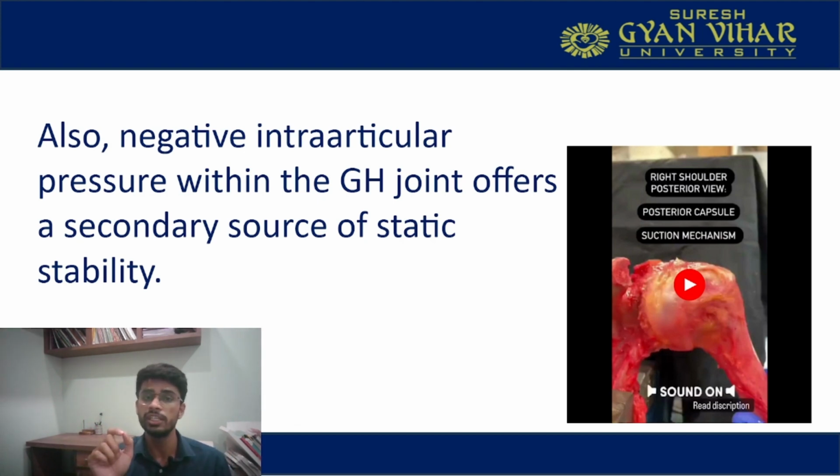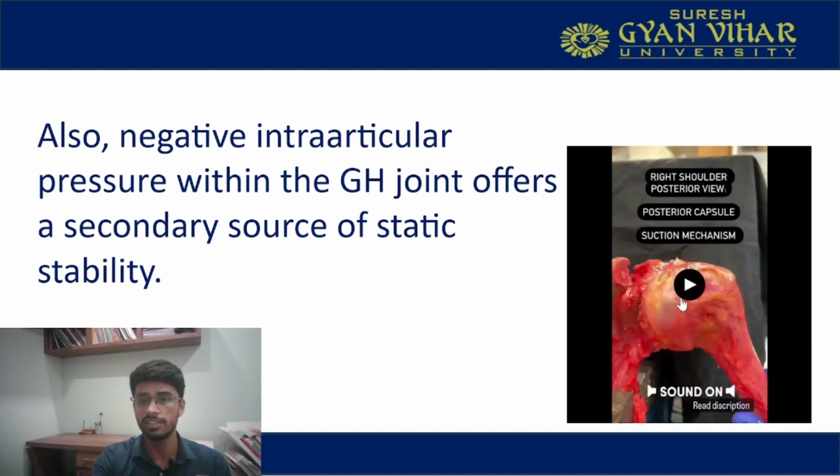If you remove this intra-articular pressure by puncturing the joint, the air will come out and the static stability will get hampered. This negative intra-articular pressure gives a suction mechanism to the joint. It is like a vacuum created within the joint, pulling the head of humerus to its glenoid cavity.